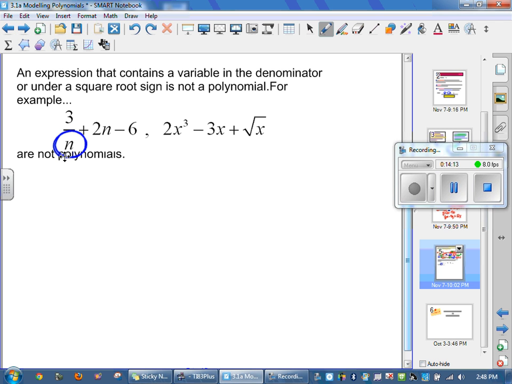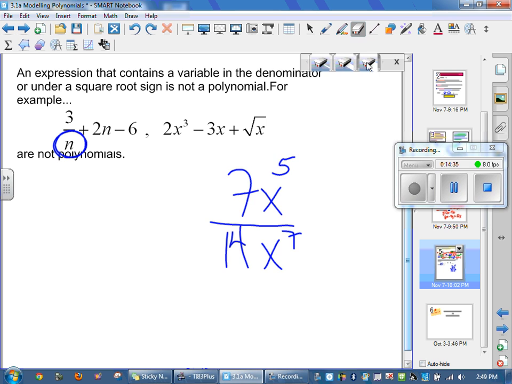Last chapter, in our very first unit actually with exponents, we saw all kinds of them. We had 7x5 over 14x7. We had all kinds of variables on the bottom. It just doesn't get the special name called polynomial. It still exists. Okay? So to get the special name polynomial, we cannot have a variable on the bottom of a fraction.